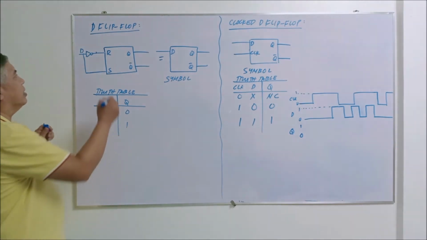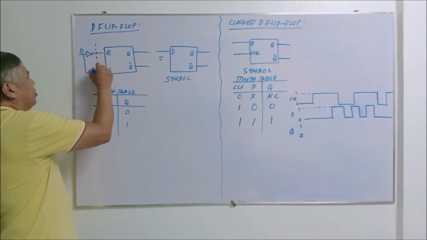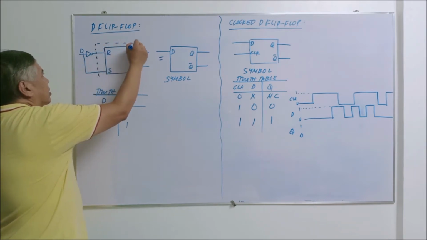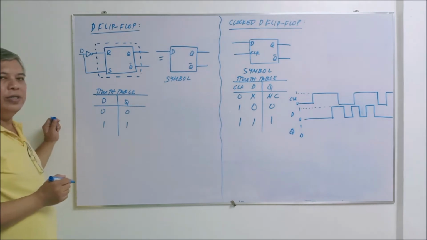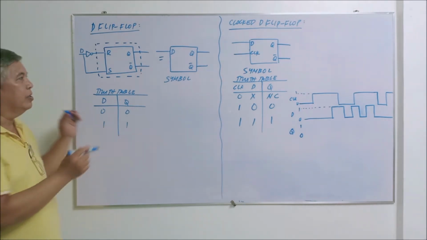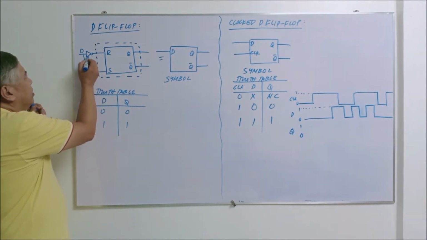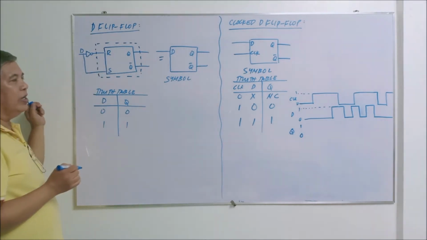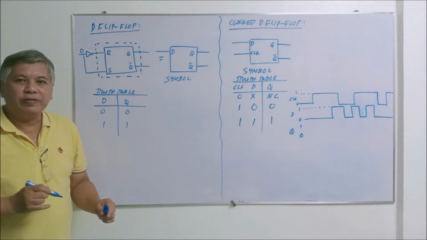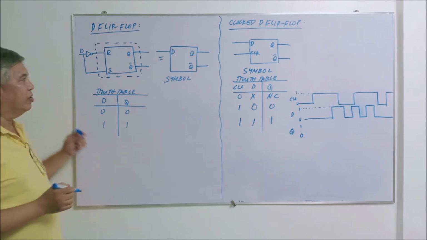If you notice here, this portion of your symbol is the RS flip-flop. Because of the race condition, the logic designer placed an inverter here before your R input in order to eliminate the race condition. Okay?